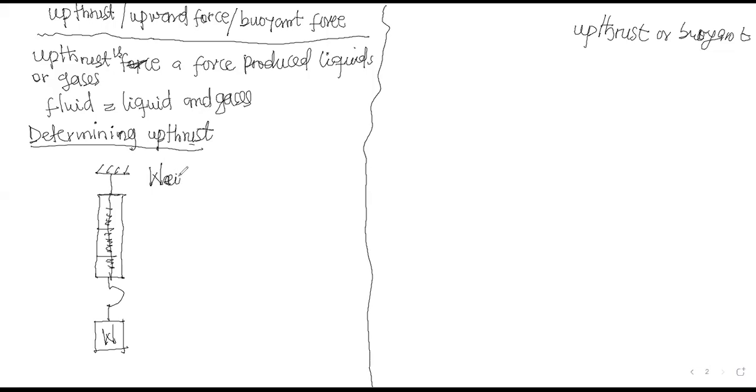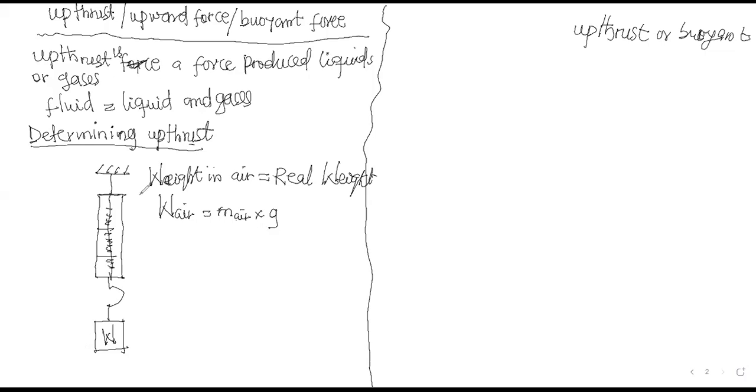The weight in air is also referred to as its real weight. So weigh the object in air. The weight in air is equal to the object's mass in air times acceleration due to gravity.